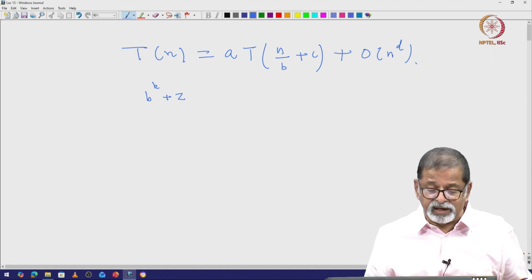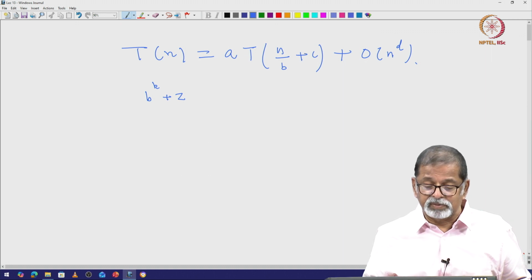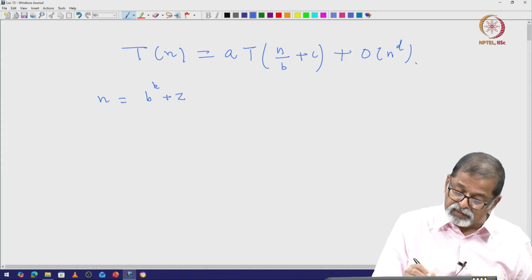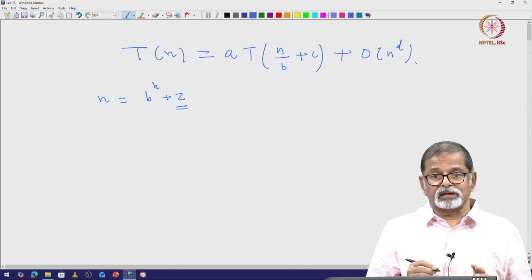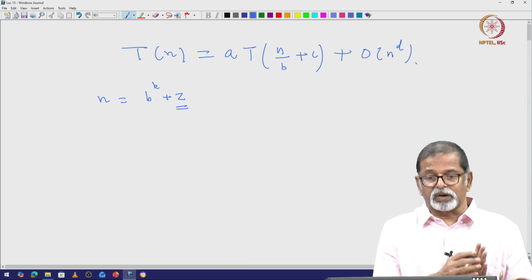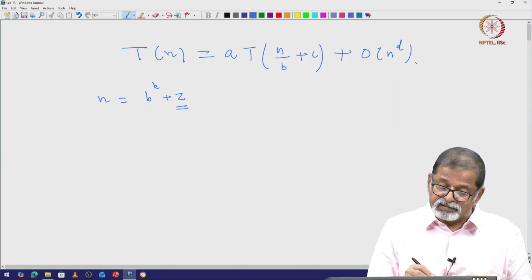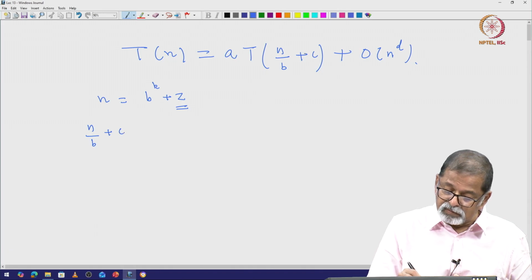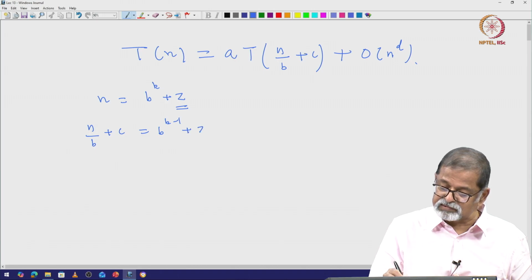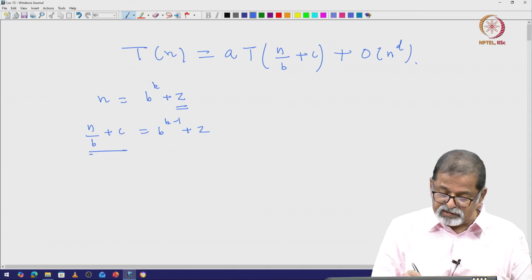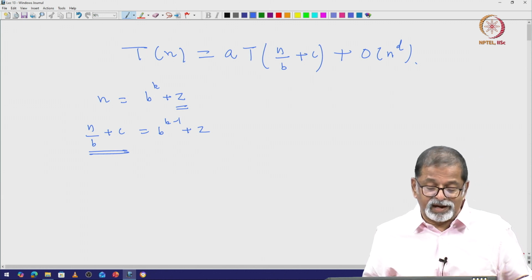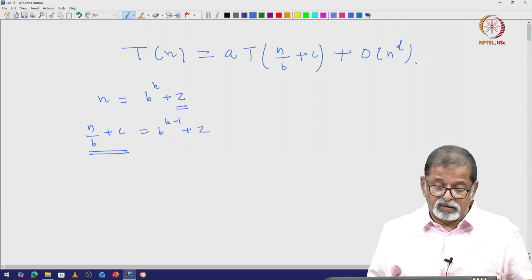If n is b power k plus z, I want the z to have a property that this n by b plus c must be of the form b power k minus 1 plus z, so that this term resembles the other term for n.